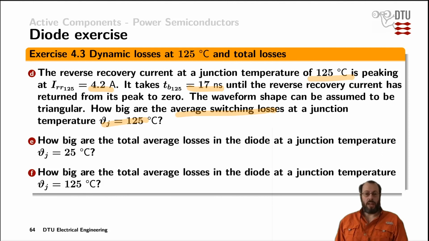To pass the data on to a mechanical engineer who needs to design the cooling for our converter, we need the total losses in the device, and therefore we also need to calculate those at 25 degrees C and 125 degrees C junction temperature. We will use those values later when we look into the cooling part of this course.